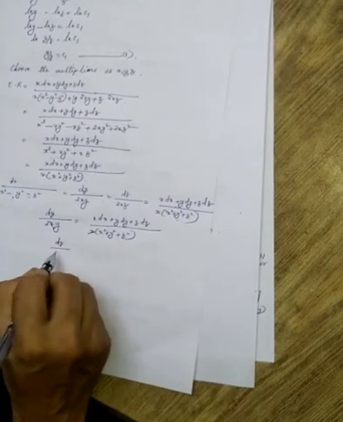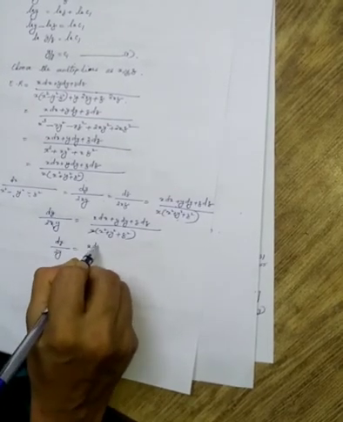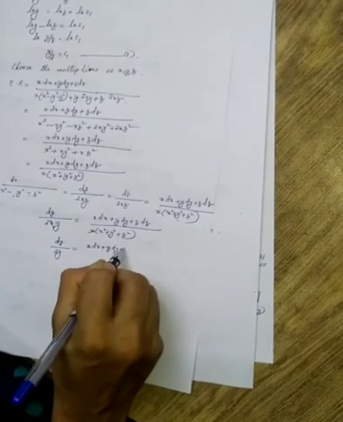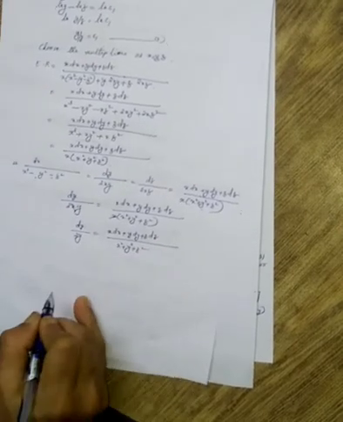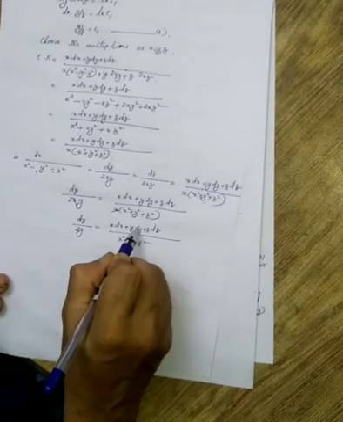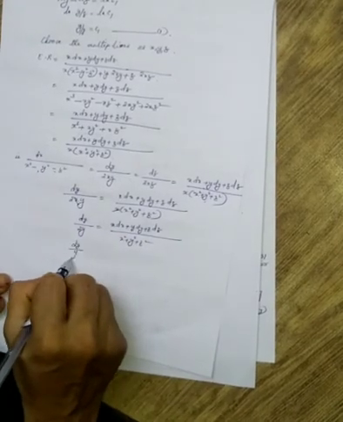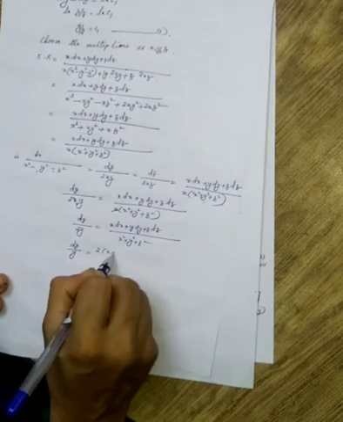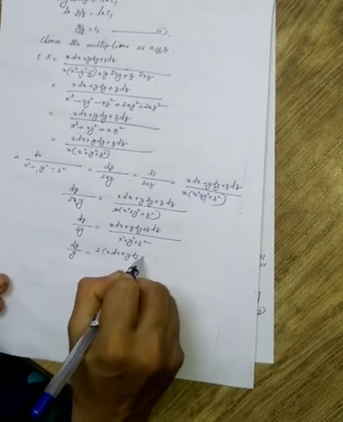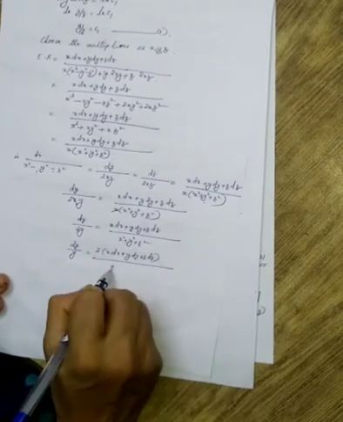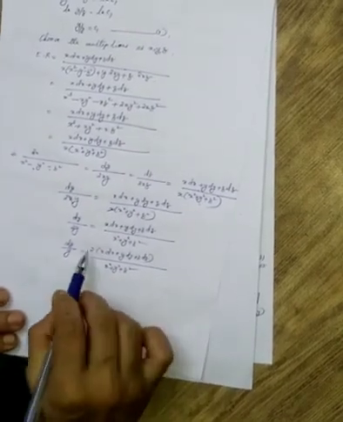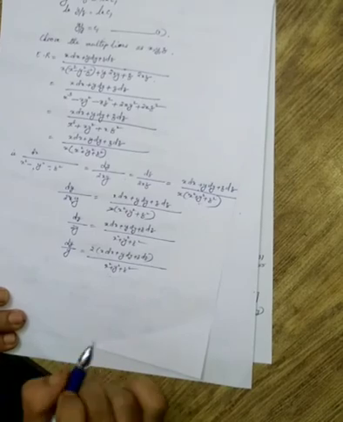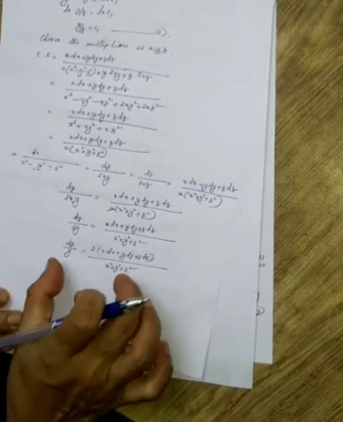So dy by 2y equal to x dx plus y dy plus z dz by x square plus y square plus z square. We are taking this 2 to the right side. We will get dy by y equal to 2 into x dx plus y dy plus z dz by x square plus y square plus z square. Now simply the numerator is equal to the derivative of the denominator. So this is the exact form.